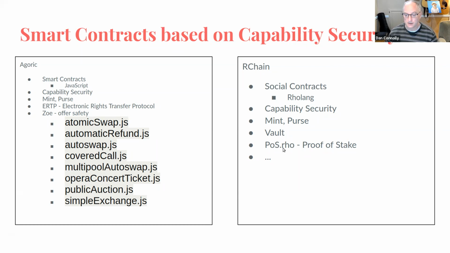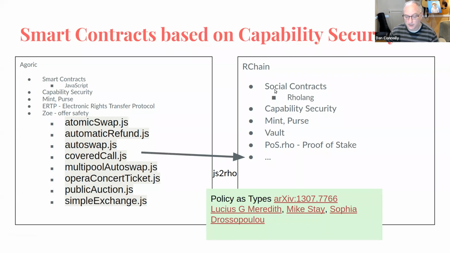So RChain has got this, not so much in the... Meredith and company wrote this paper called Policies as Types, where he's got a little teeny example of converting JavaScript to Rholang. And in general, I think the translation of these contracts into Rholang is essentially mechanical.